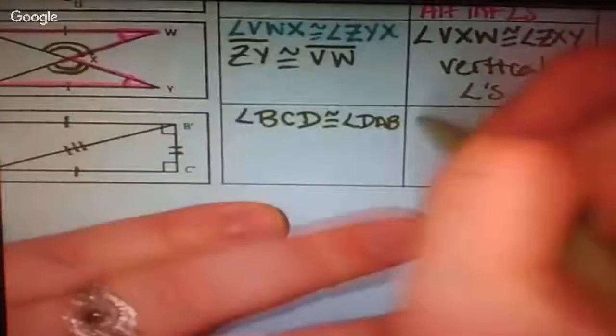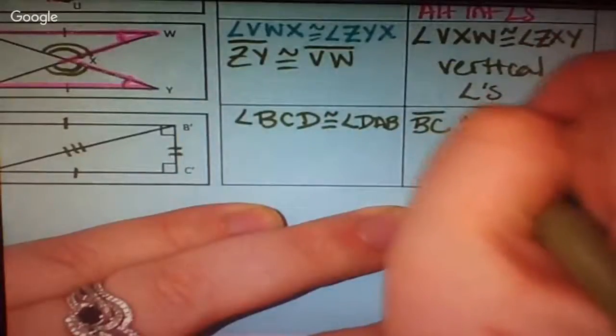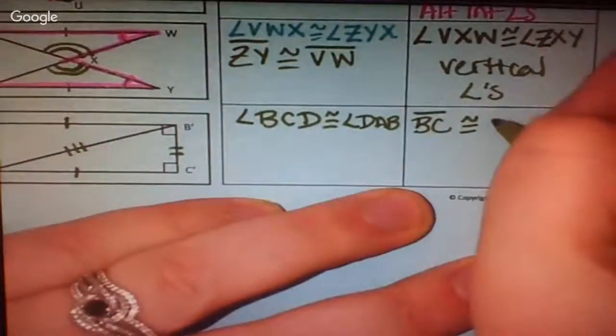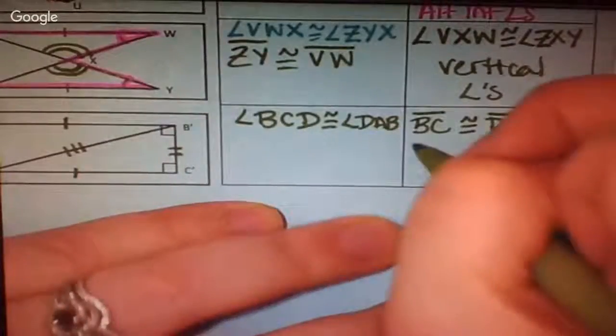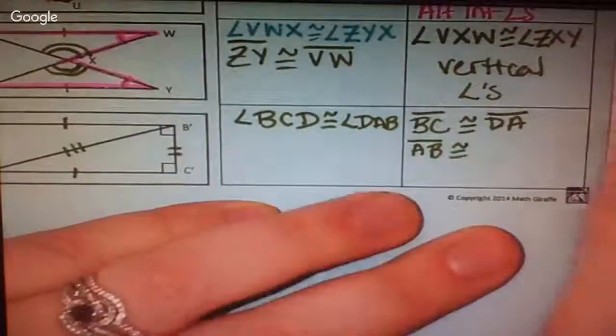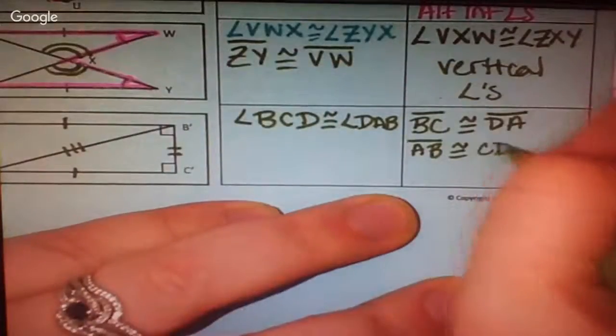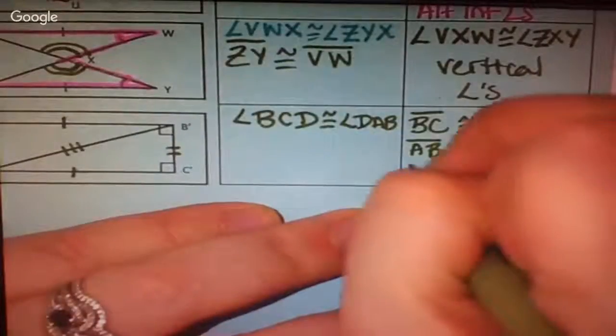We can state that side BC is congruent to side DA. And we can also state that side AB is congruent to side CD because it's a rectangle.